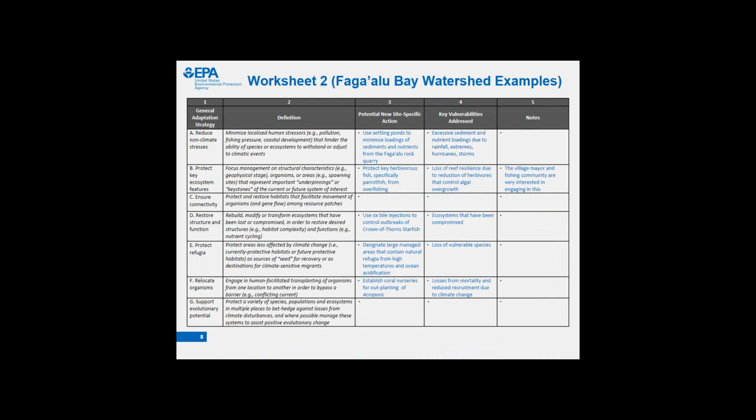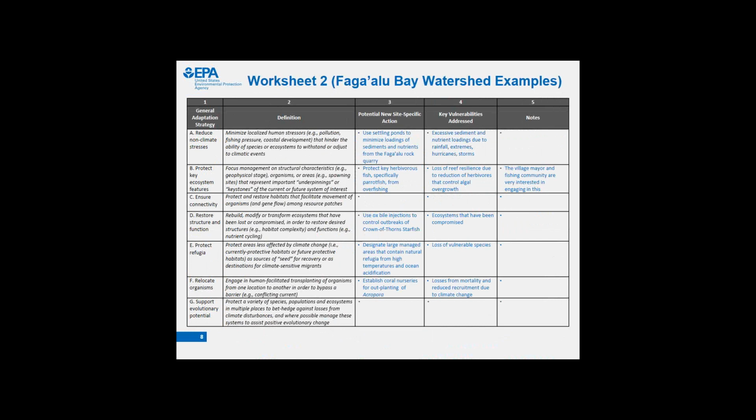So one of our priority watersheds in American Samoa is Fanga'alu Bay, and it's a highly populated area. There's also a hospital in the area, and also a very big rock quarry. So it's the Fanga'alu rock quarry, and there was a lot of sediment coming from this quarry for a while, and it was a major priority for us to make sure that we reduce this non-climate stress from the quarry.